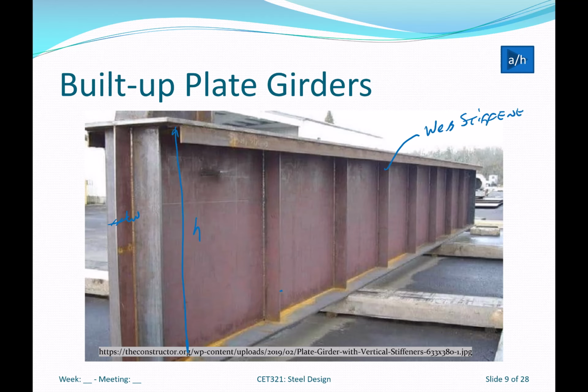They help to reinforce a web that's potentially going to buckle, and that is going to be a function of the clear distance between these stiffeners, which we refer to as A. And we have H, so A and H.